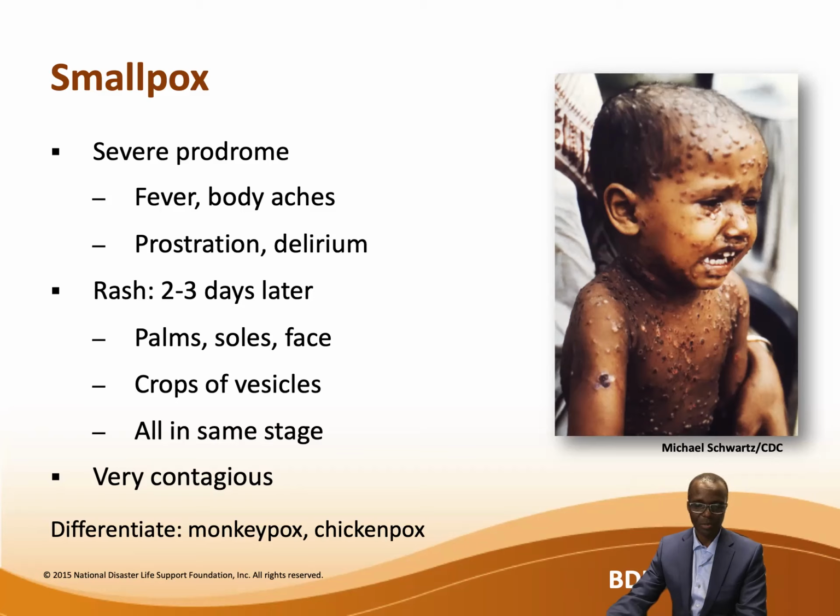Classically, the rash begins on the face, palms, and soles. The rash will scab over in 1 to 2 weeks. These scabs actually contain live smallpox virus and can be a reservoir for additional infections. It is important to differentiate from other pus-producing lesions, such as chickenpox and monkeypox.